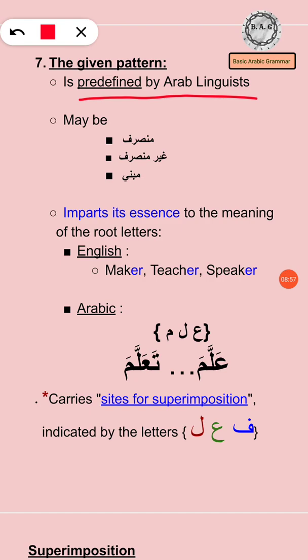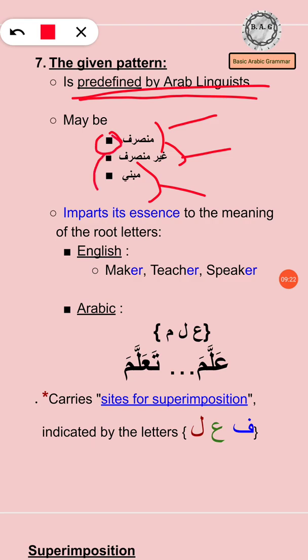So this is our first pointer. Then these patterns may either be munsarif, ghair munsarif, or mabni. We already know what munsarif, ghair munsarif, and mabni asma are, so I am not going to review these in detail. Just briefly, in case somebody has started to watch these videos now: munsarif are the tanween carrying ones.